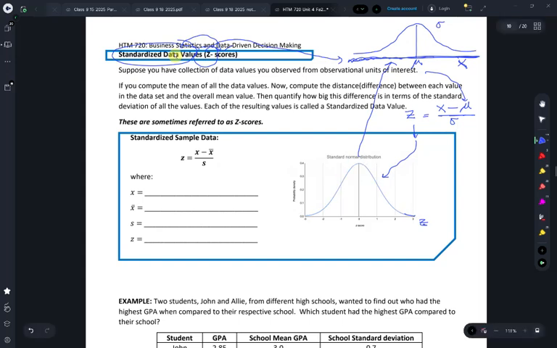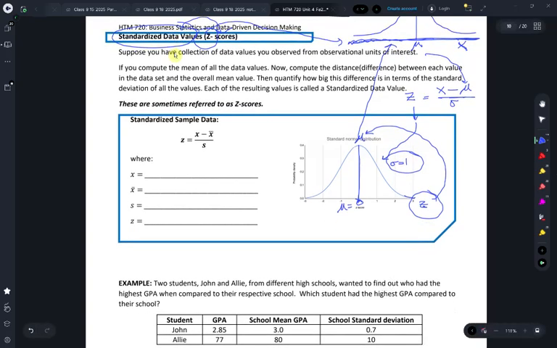The only very interesting thing about it is that it will now be centered at 0 as a fixture, as long as that parent distribution is normal, and the standard deviation will also be 1. So z-scores are a special kind of normal distribution where the mean is always 0 and the standard deviation is always 1.